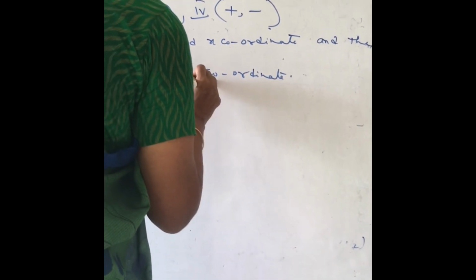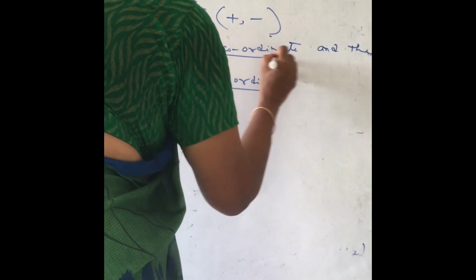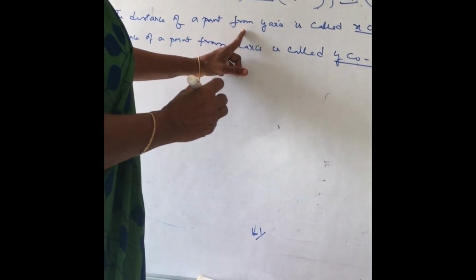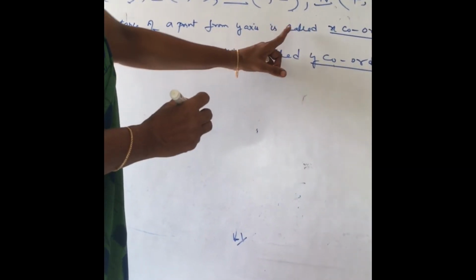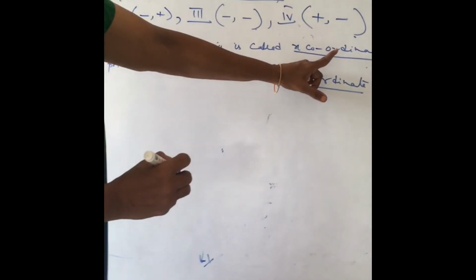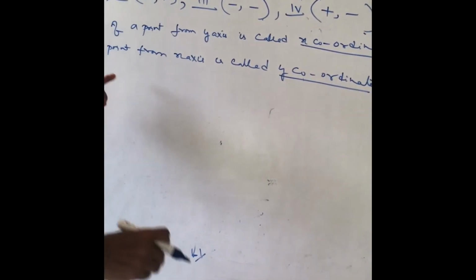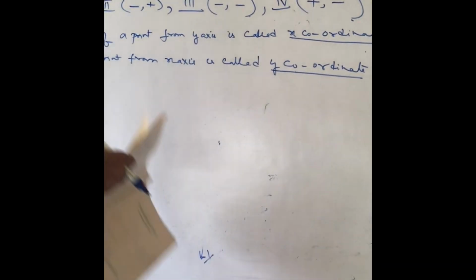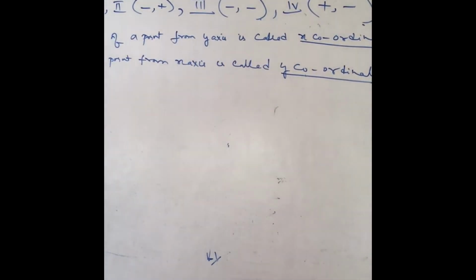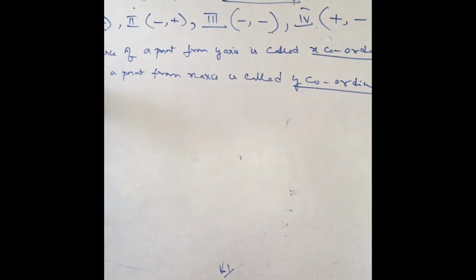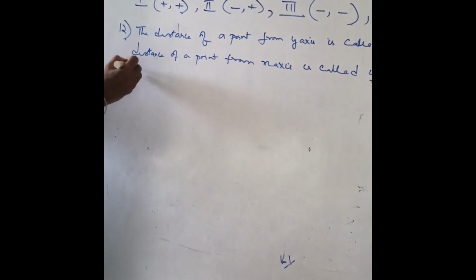I shall show you on the graph, children, what is x-coordinate and y-coordinate. The distance of a point from y-axis is called the x-coordinate, and the distance of a point from the x-axis is called y-coordinate. Yes?